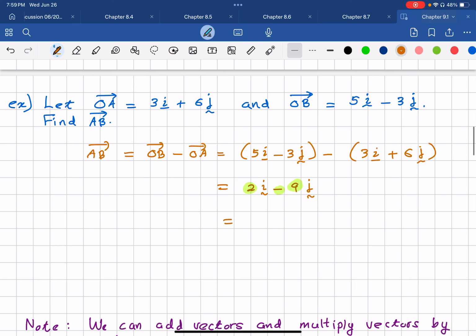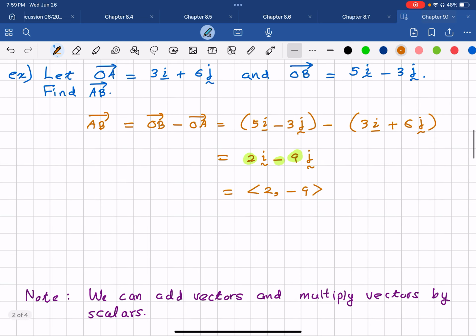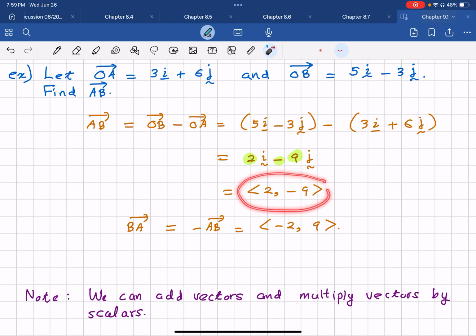You can denote this vector by (2, negative 9) as well. Okay, so BA is going to be negative AB, so BA would be (negative 2, 9), because if you multiply vector AB by the negative sign, you would get vector BA.